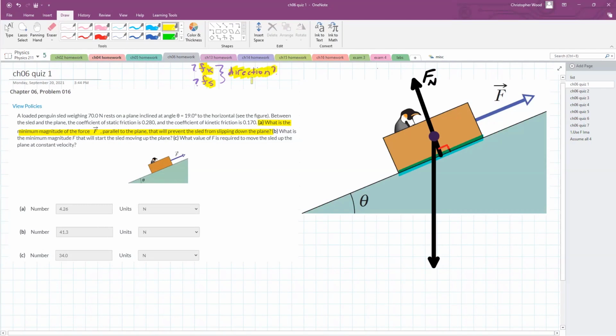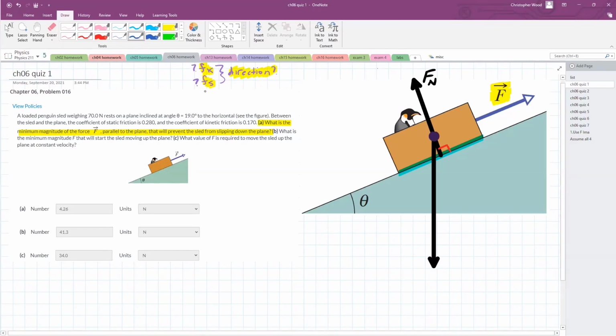So here's my thought process. If I'm pushing up on the penguin box, here's my goal. I want to start reducing my force F so that I just have the bare minimum force that prevents the sled from slipping down the plane. I'm thinking, here's another breakthrough.